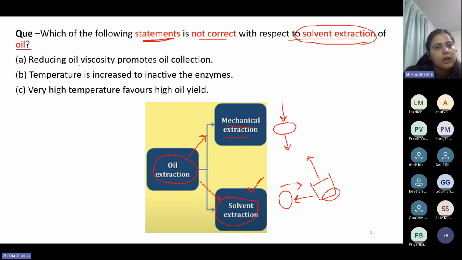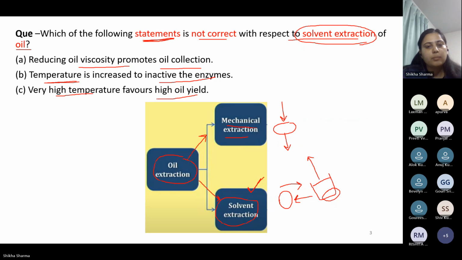Option A is saying that if we reduce the viscosity of the oil, then it promotes oil collection, meaning the yield increases. The second option is saying that if we increase the temperature, then it inactivates the enzymes. And the third is saying that if we increase the temperature to a very high extent, then there is also a high oil yield. So anyone, please?